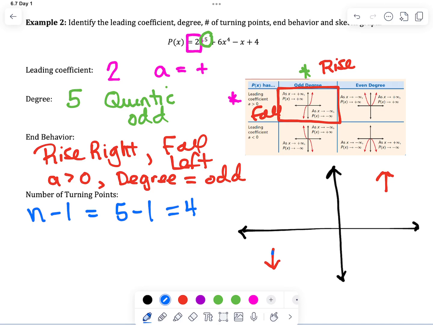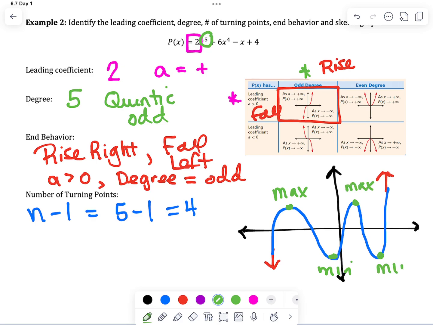So that means we're going to have to rise, fall, rise, fall, rise. And then we count our turning points. 1, 2, 3, 4. Now, do we know what those points are? No. We will find that out later on in our chapter. So those will be our local maximum and minimum points.